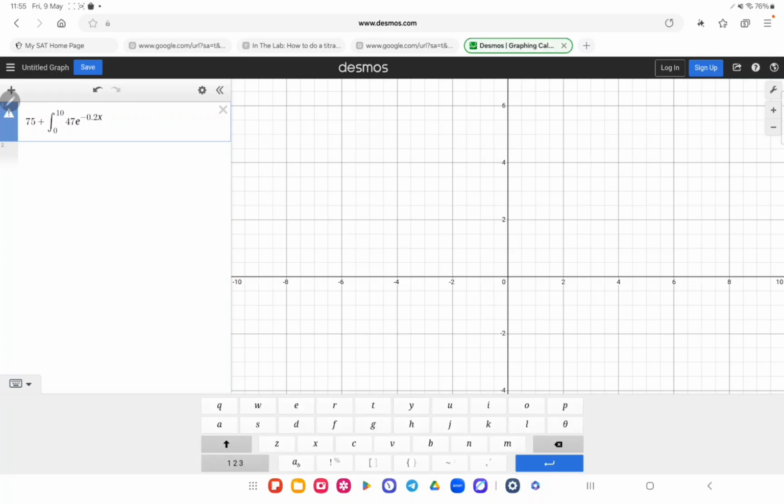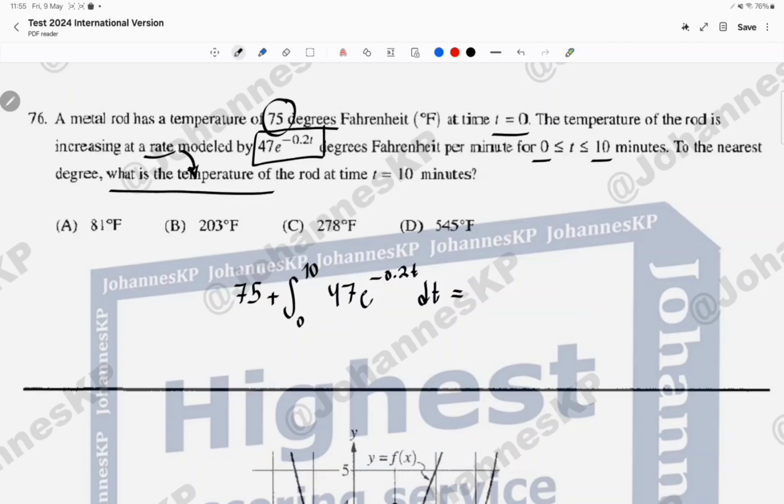So go to ABC and click dx. 278.196, right? So 278 will be the answer. How easy is that?